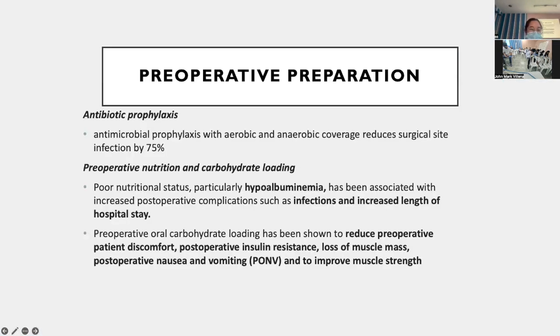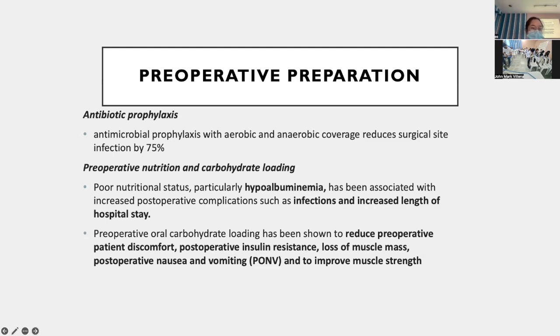So for the preoperative preparation, antibiotic prophylaxis. It is said that antimicrobial prophylaxis with aerobic and anaerobic coverage reduces surgical site infection by 75%. And preoperative nutrition and carbohydrate loading. Anemia, electrolyte imbalance, and nutritional deficiency, specifically hypoalbuminemia and weight loss, should be identified and corrected.